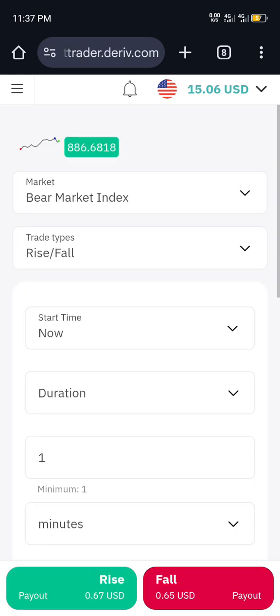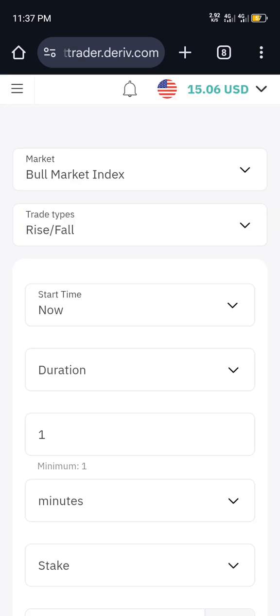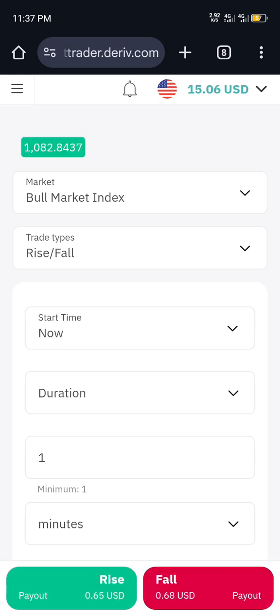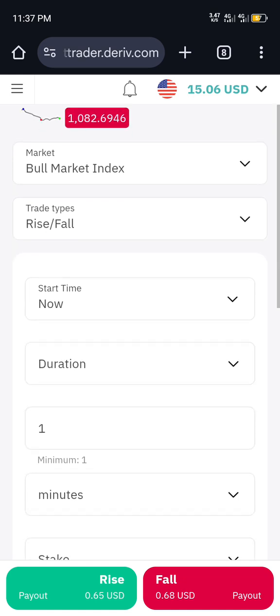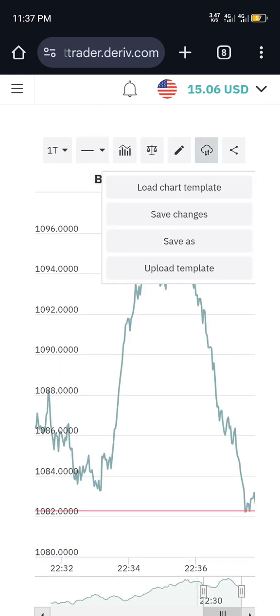All right, now let's see. I'm going through the markets. Remember, I said I trade only 7 markets out of the numerous markets, and I always start with the bear market to scout through and see the one that is favorable. Now this is the bull market index. It seems to be going down.